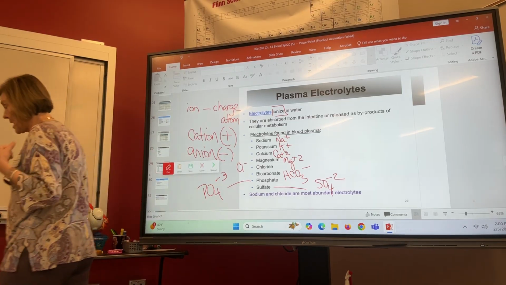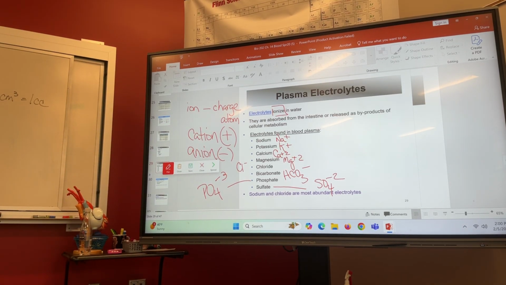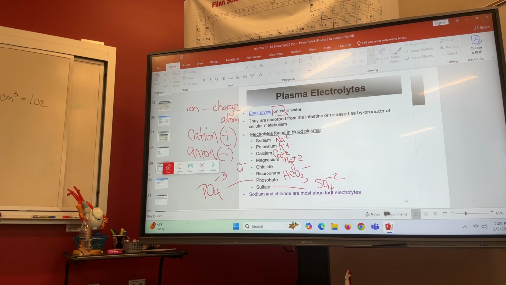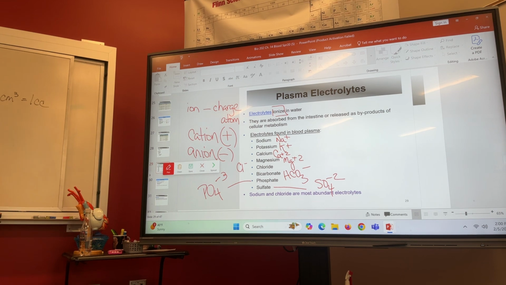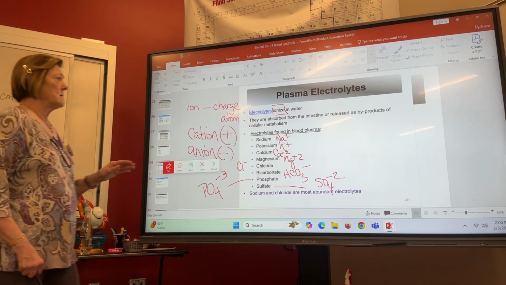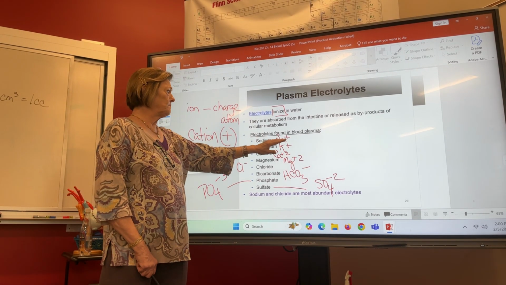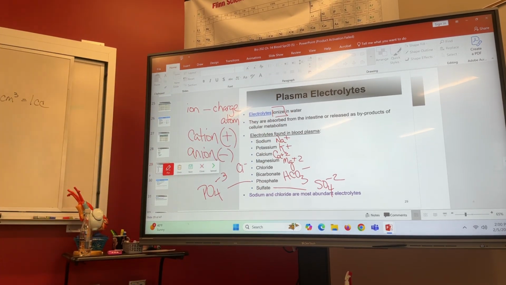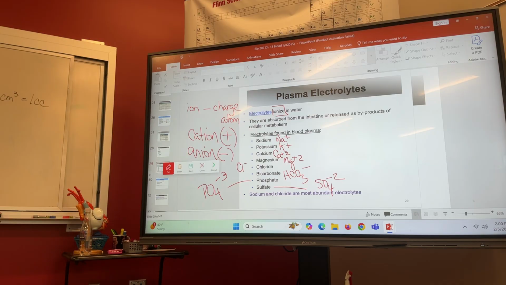I would like you to know that last bullet. Sodium and chloride are the most abundant electrolytes. Sodium and chloride are the most abundant. So when atoms become charged, we call them electrolytes. Okay? Good.